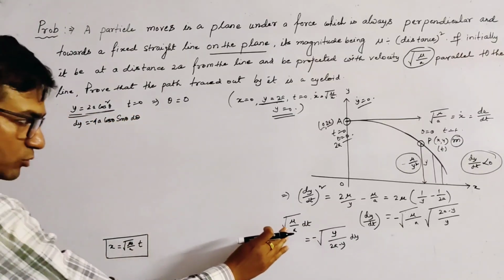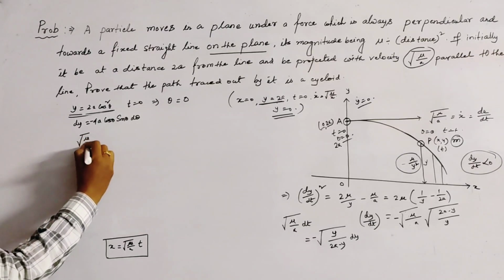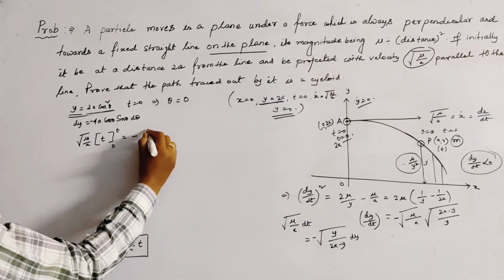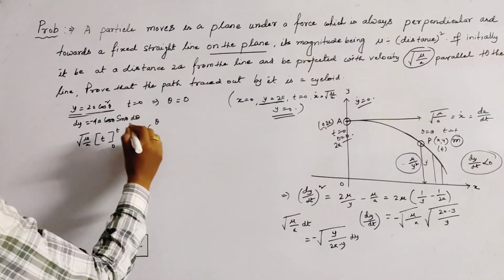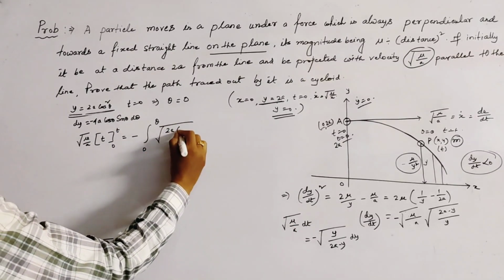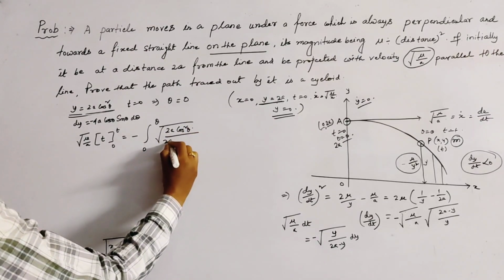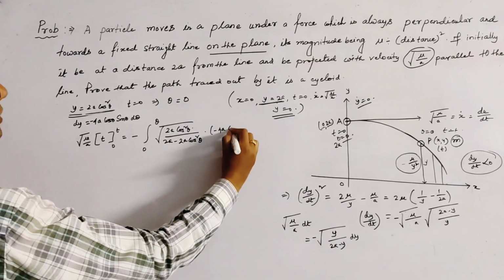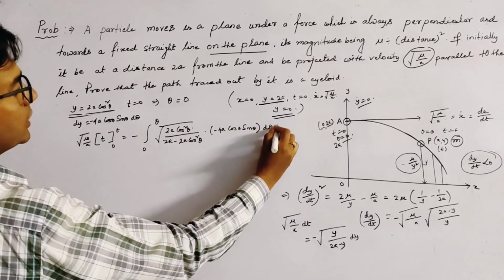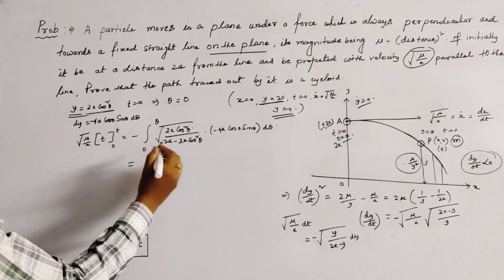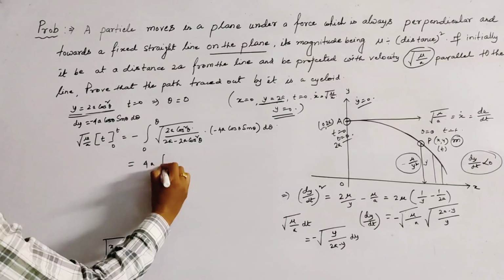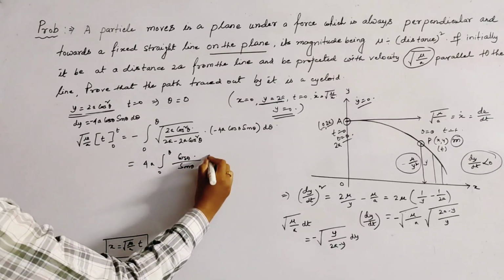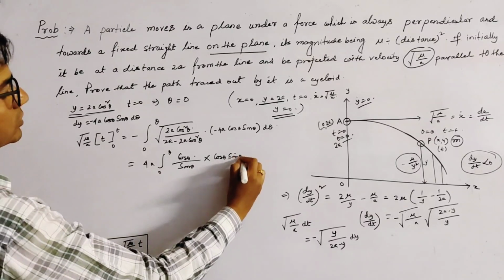We get from this relation root mu by a into t, limit 0 to t, and the right side is minus integration 0 to theta of root of 2a cos square theta by (2a minus 2a cos square theta) into minus 4a cos theta sin theta d theta, and we get minus minus plus, so this is 4a integration 0 to theta, and this relation gives cos theta by sin theta into cos theta into sin theta d theta.